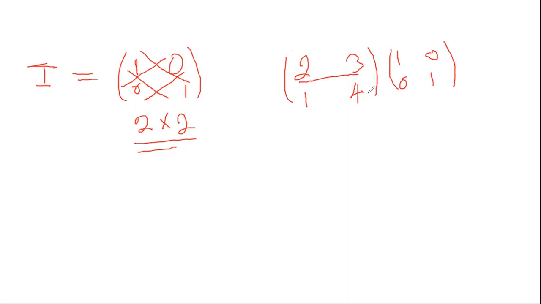You still remember how to do the multiplication? Okay, so we shall get 2 times 1 plus 3 times 0.